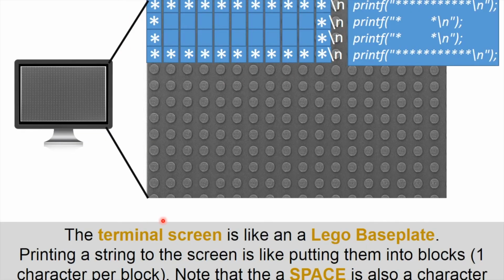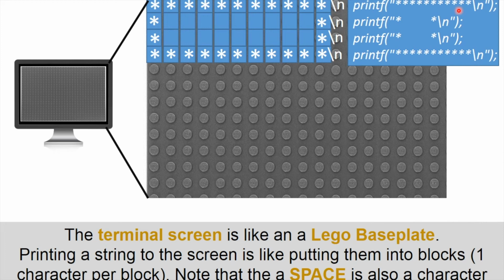This is what is happening because printf is copying your string to the screen. Your screen is like a Lego base plate with several blocks, and the printf worker copies one character to one block, one by one. Later, when you reach this backslash n, it's a very special character.